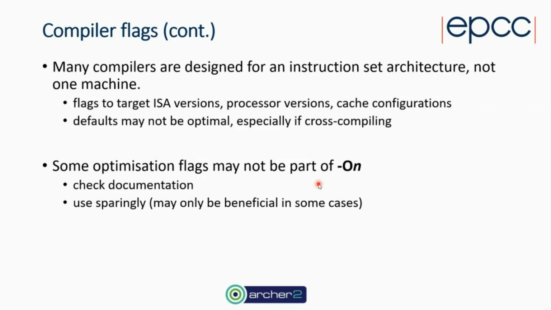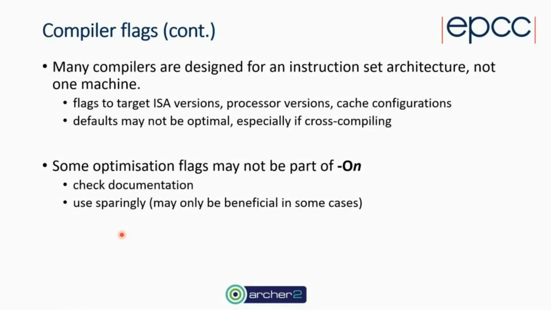Actually, on ARCHER2, the login nodes are exactly the same processors, I think. Well, actually, I'll check. There's certainly AMD processors. They may not be exactly the same. Let me just have a quick look at the CPU information here. Okay, so they are very similar processors, but not exactly the same as the back-end ones.